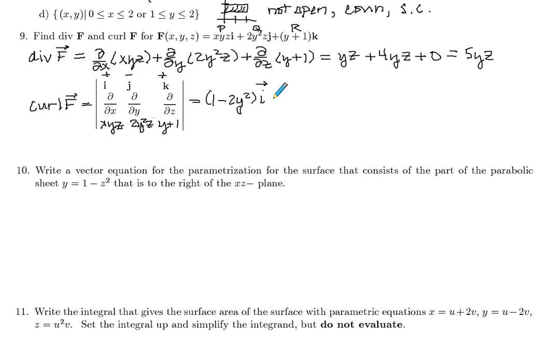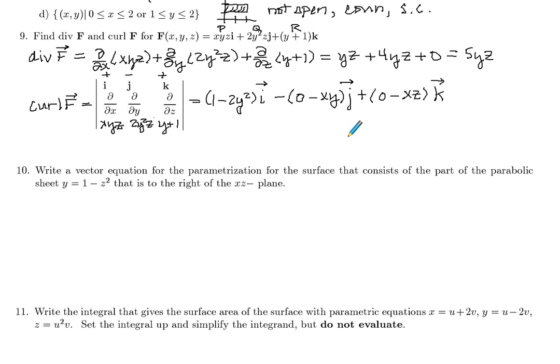And then minus, take out the row and column for j, we want the x derivative of y plus 1, which is 0, minus the z derivative of xyz, which is xy, and that's times j. Plus, take out the row and column for k, want the x derivative of 2y squared z, which is 0, because those are constants, minus the y derivative of xyz, so x and z are numbers times y, differentiate, you get the numbers, xz, and that's times k.